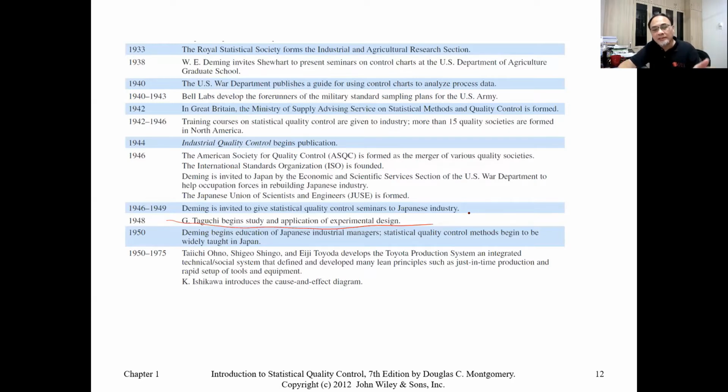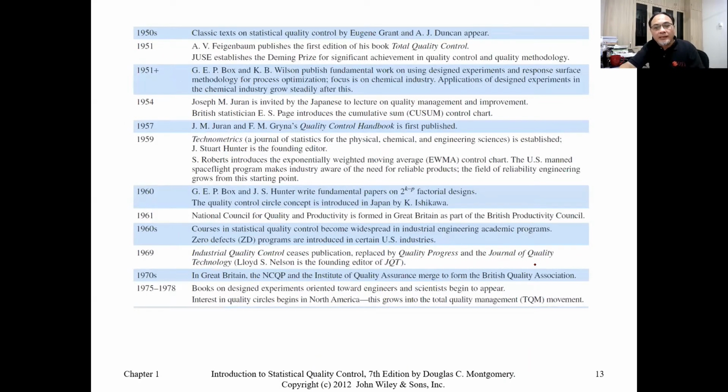That means during the design stage, they can actually identify which parameters will affect the product performance. And in the development of the Toyota Production System, which actually helps to integrate further the quality field. And it's a lot. Okay, you can read about all this, the Quality Control Handbook, Technometrics. So it has matured. I think the field has really matured.